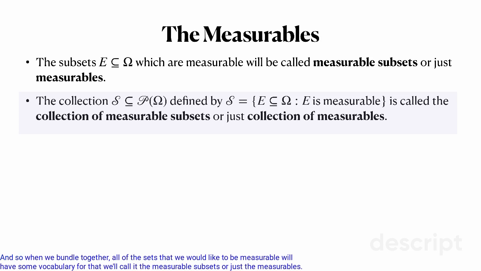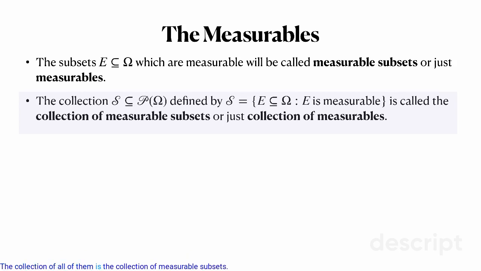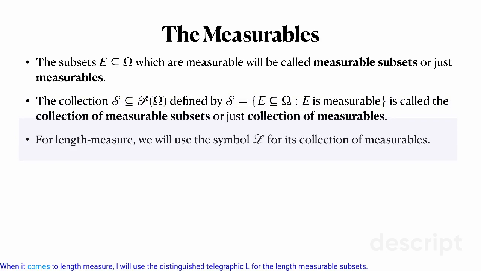And so when we bundle together all of the sets that we would like to be measurable, we'll have some vocabulary for that. We'll call it the measurable subsets or just the measurables. The collection of all of them is the collection of measurable subsets. I will often denote that with a calligraphic S. When it comes to length measure, I will use the distinguished calligraphic L for the length measurable subsets.